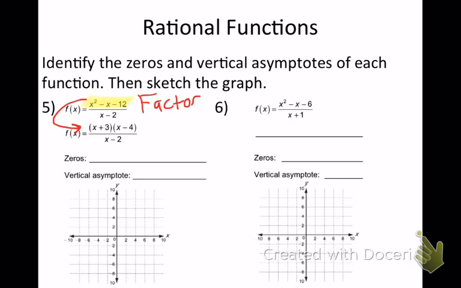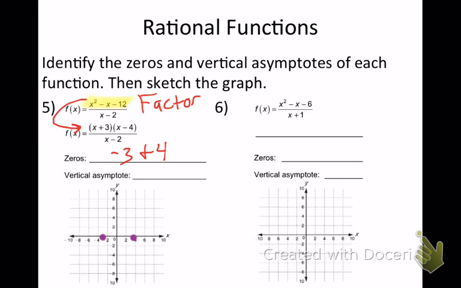Positive 3, negative 4. So I get x plus 3, x minus 4, all over x minus 2. Where are my zeros located at? Negative 3 and 4. So my zeros are negative 3 and 4.